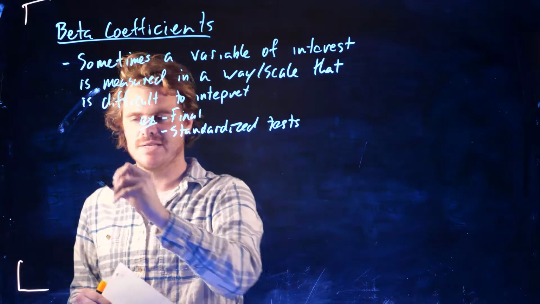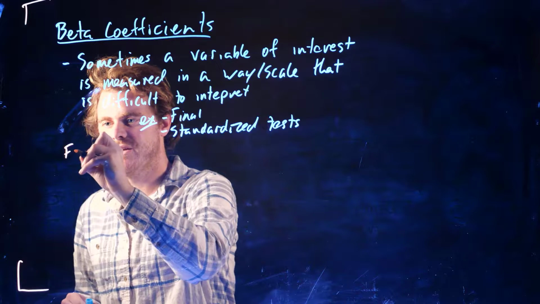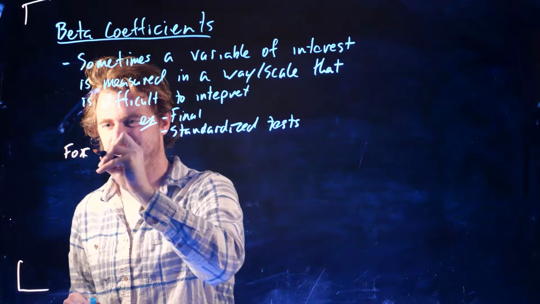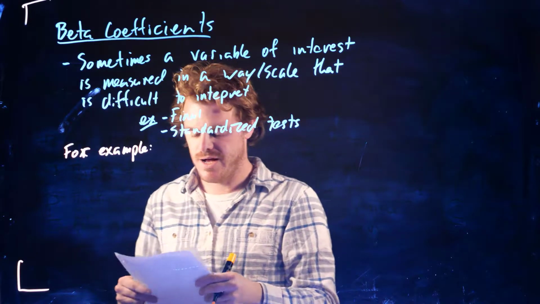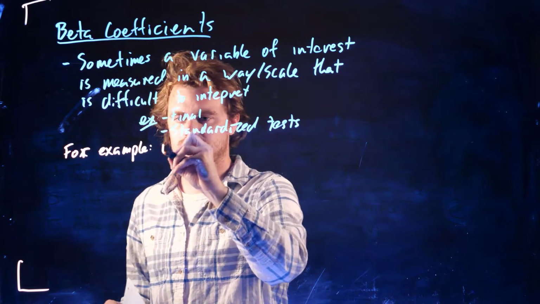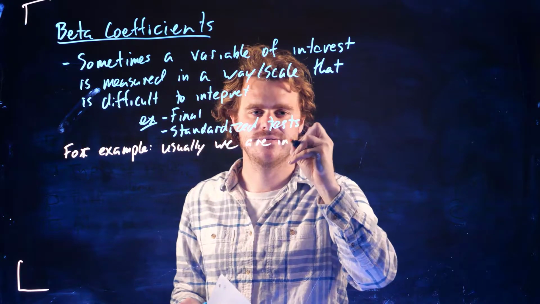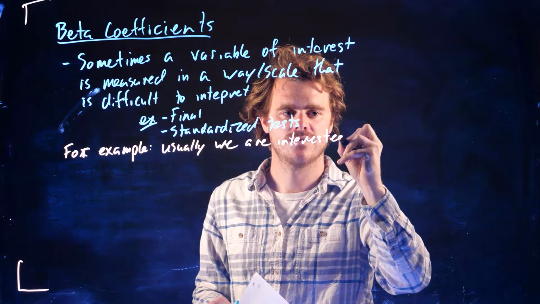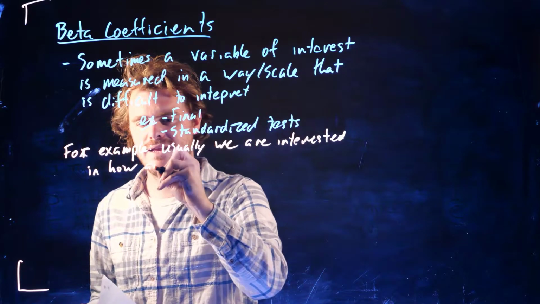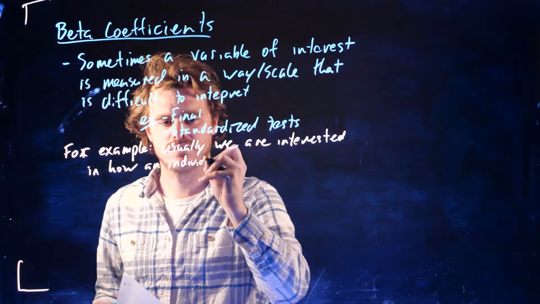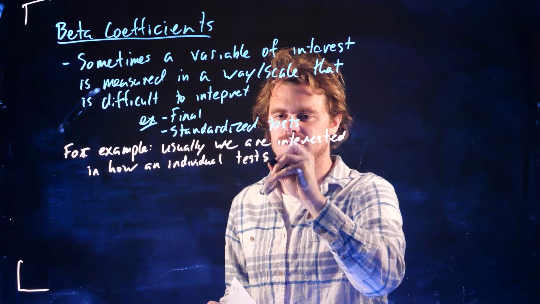Let's expand on those examples, and we'll just use a different color for that. For example, usually we are interested in how an individual test score relates to others.